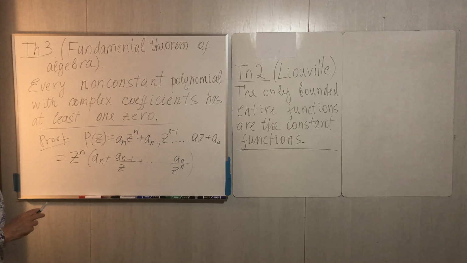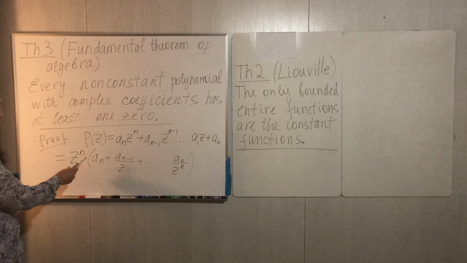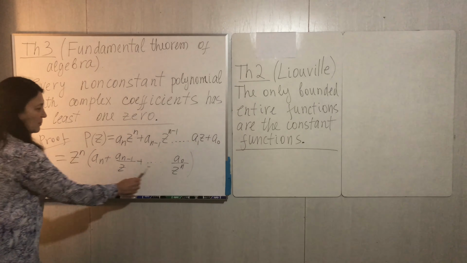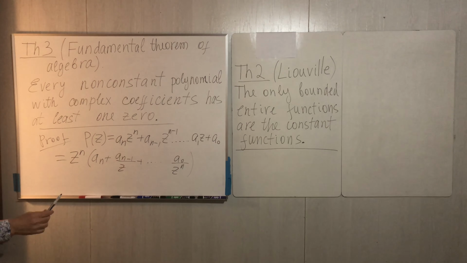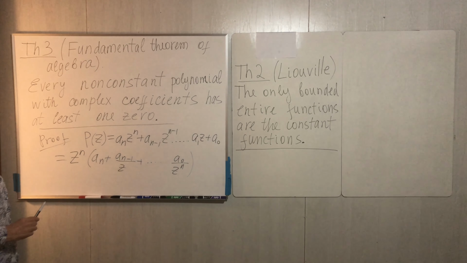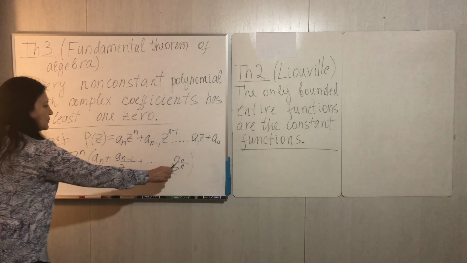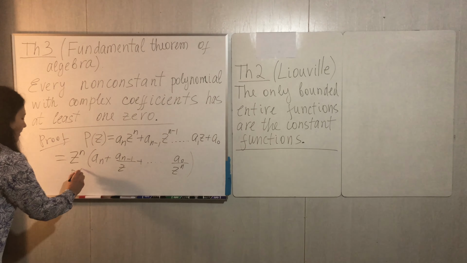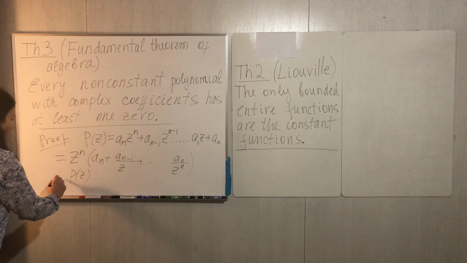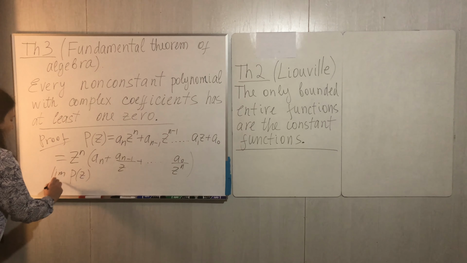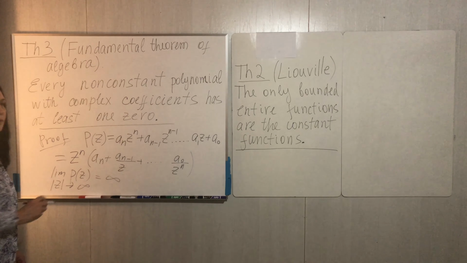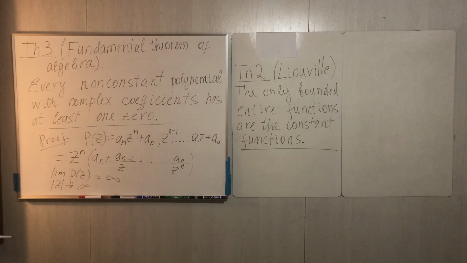We can pull this out, and then we can see that when the modulus of z goes to infinity, this would be bounded. Let's assume that a_n is a non-zero coefficient here for definiteness. So this would be just bounded, and then we can see that p of z, when the modulus of z goes to infinity, also goes to infinity. So that's what we have.